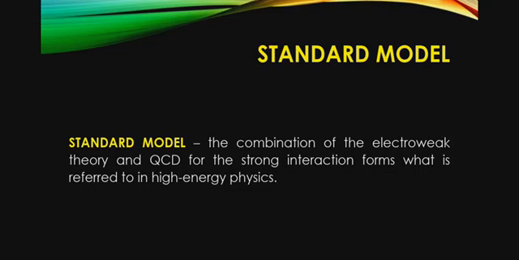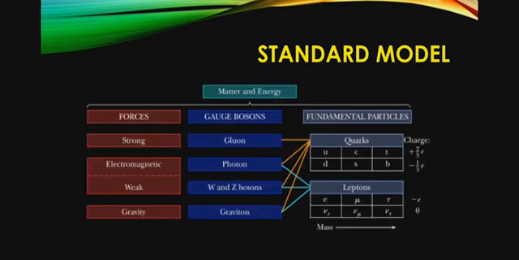Then the standard model: the combination of electroweak theory and QCD for the strong interaction forms what is referred to as high energy physics. So, there are the forces, strong, electromagnetic, weak, and gravity, with gauge bosons: the gluon, photon, W and Z bosons, and the graviton.